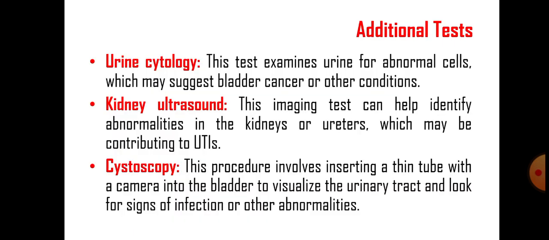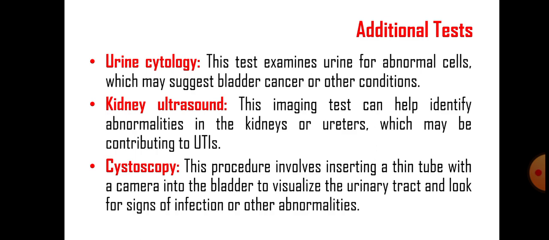Microscopic analysis is followed by the normal urine culture procedure, and there are a few other tests like urine cytology and kidney ultrasound. Kidney ultrasound is an imaging technique that can help to identify abnormalities associated with the kidney. Yesterday we studied that the infection in the kidney is said to be pyelonephritis. So it can be identified by the kidney ultrasound technique.